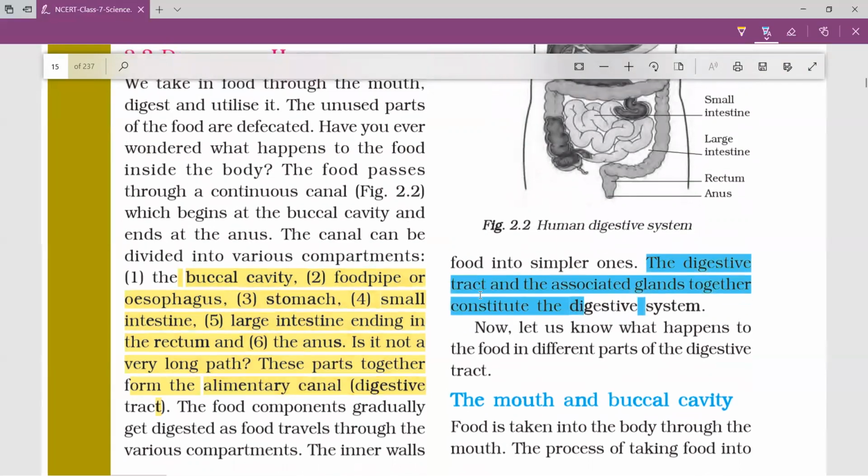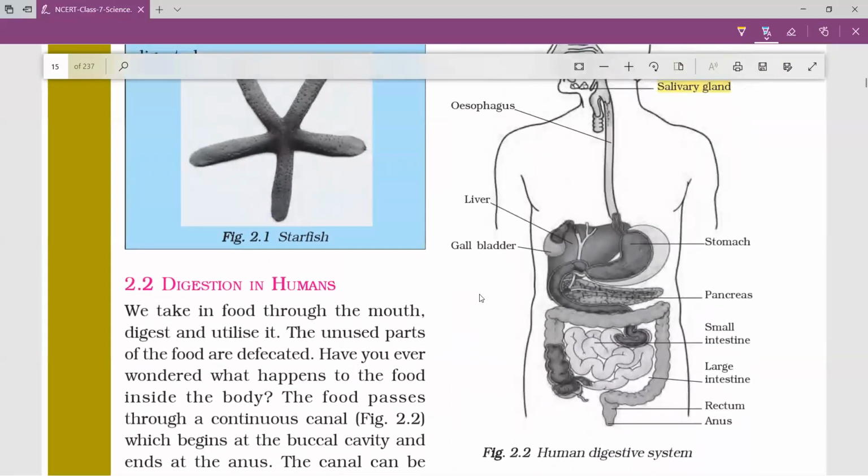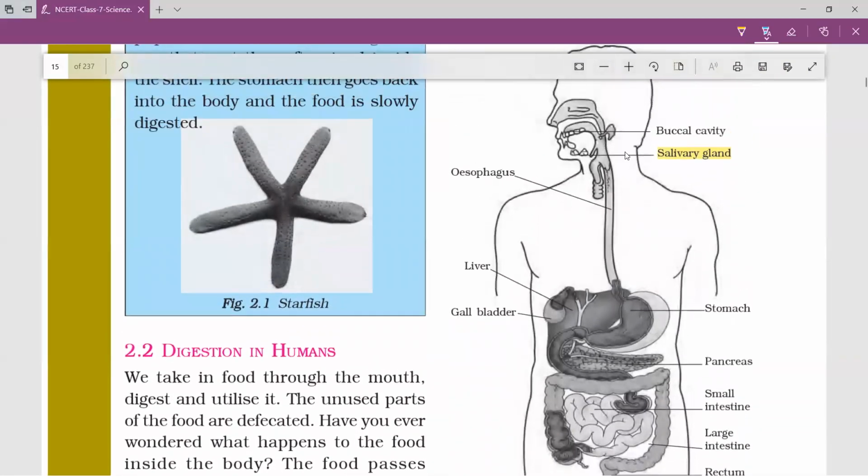In this figure you will see the digestive system. This is the buccal cavity, then the esophagus or food pipe, then you will see some glands, and the stomach, which is J-shaped.